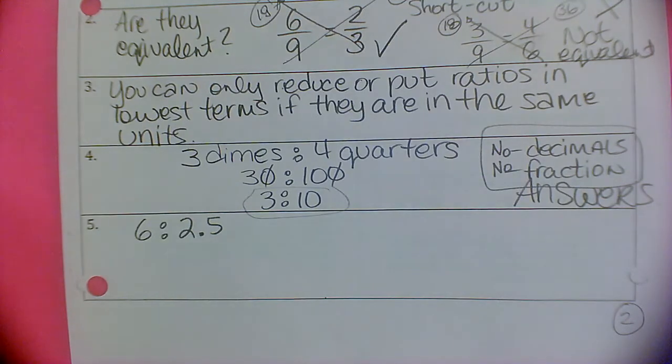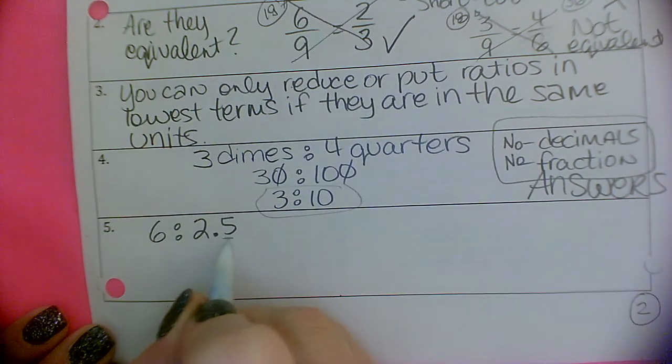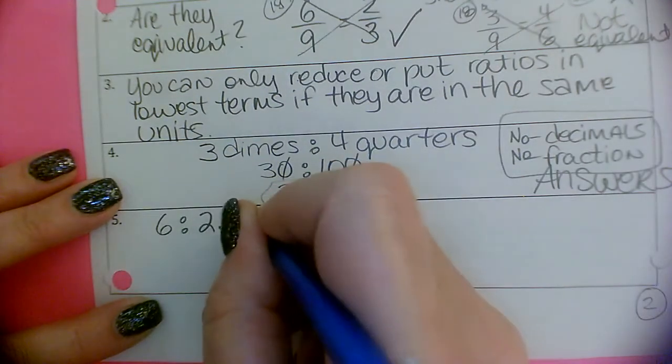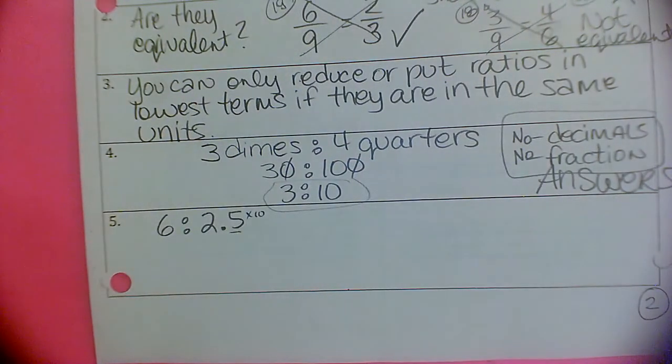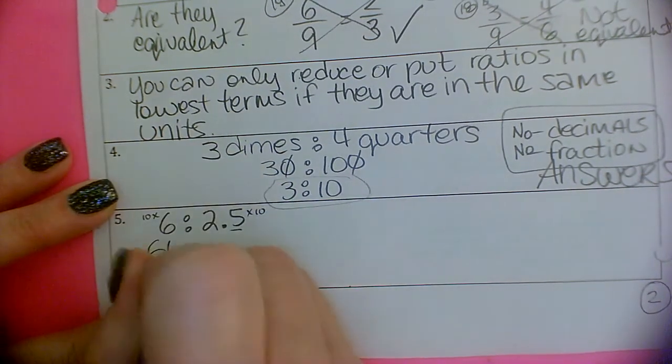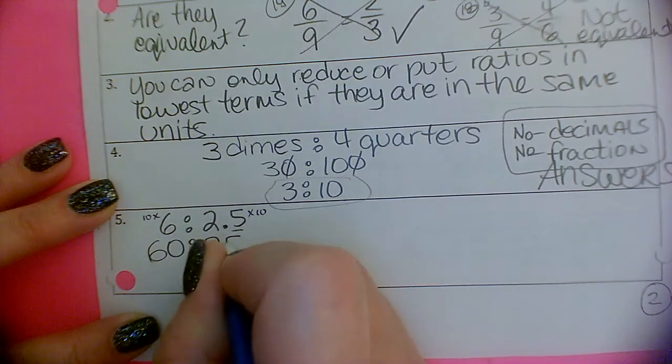How do I get rid of a decimal? I don't have to go as far as 100, right? 10, because I only have one decimal place. If I want to remove one decimal place, times this one by 10. But what I do to one thing, I have to do to the other. So this side becomes 60, and this side becomes 25.